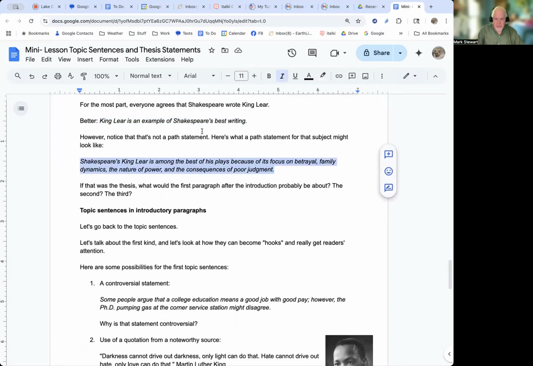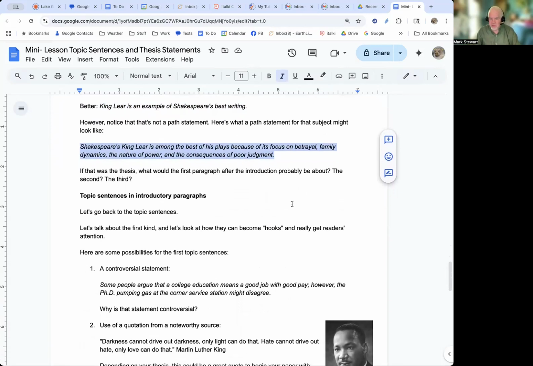Shakespeare's King Lear is among the best of his plays because of its focus on betrayal, family dynamics, the nature of power, and the consequences of poor judgment. All right? So again, this part is the thesis and this is the first premise, so your introduction is going to be a topic sentence about this play, which I didn't give you yet.